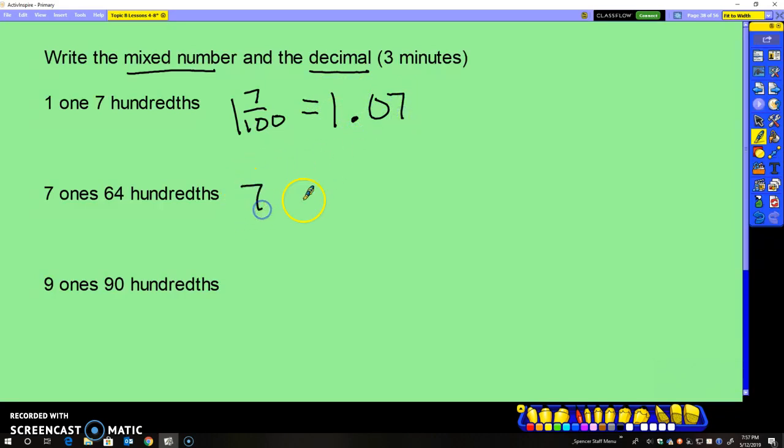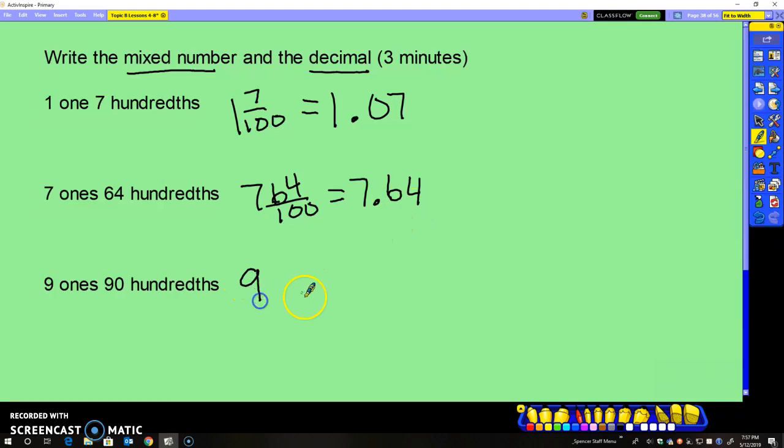For the second one, I have 7 wholes, and this time I have 64 hundredths, which is equal to 7.64, 7 and 64 hundredths.